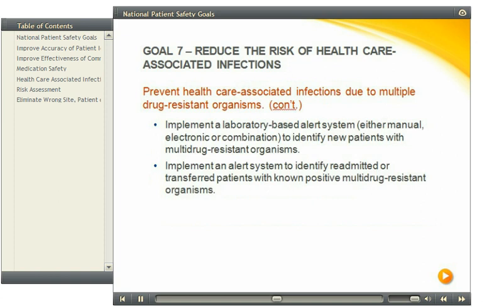Implement a laboratory-based alert system, either manual, electronic, or a combination, to identify new patients with multi-drug-resistant organisms. Implement an alert system to identify readmitted or transferred patients with known positive multi-drug-resistant organisms.